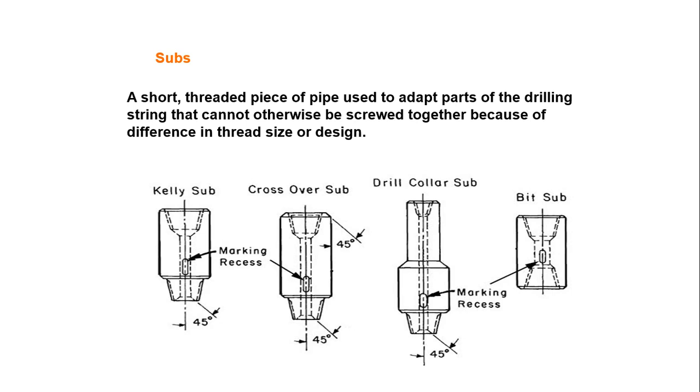So we cannot make up those together unless we have a crossover from this thread to the other thread. So the crossover, depending on both threads, can help us to make up between both of them. And the Kelly sub here, this is for the Kelly in the Kelly rig.